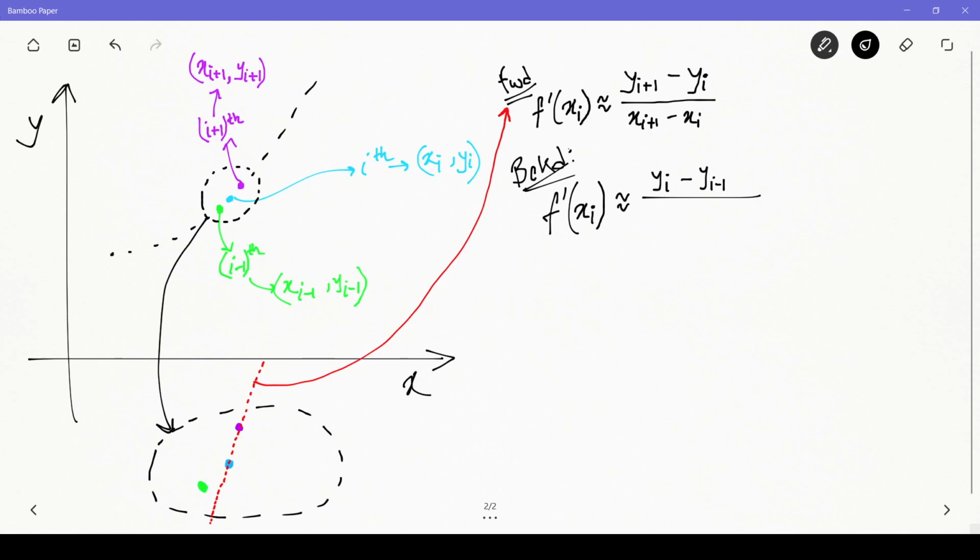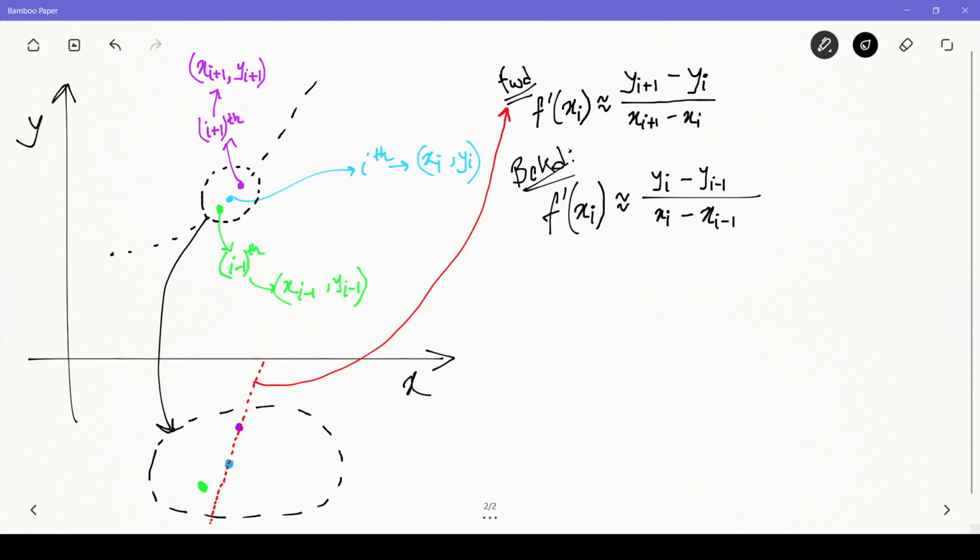The i minus 1 point, as you recall, was this green point over here, the point that was preceding my ith point, right? So at the numerator we have the difference of the y values, and at the denominator we have the difference of the abscissa values, the x values, so x sub i minus x sub i minus 1, right?